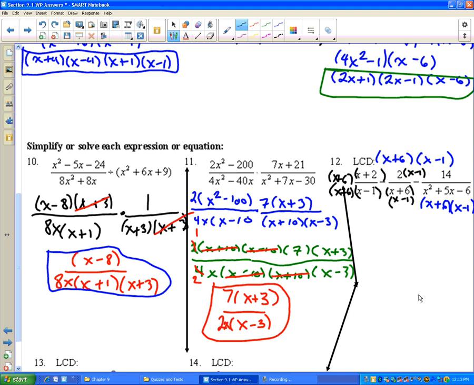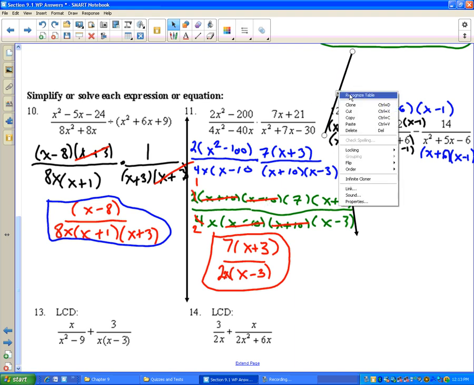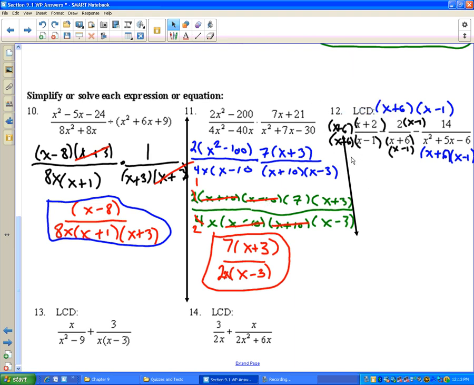So in this problem, I'm going to scoot down and give myself a little more room. Okay, so what we're going to do now is we're going to FOIL this out.